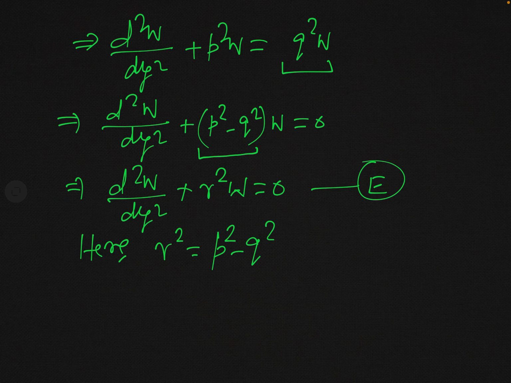As you can see, both of these equations are equations of simple harmonic motion or simple harmonic vibration, and so definitely their solution will be oscillatory. When you say that the solution is oscillatory, it means you can write the solution as a combination of the sine function and the cosine function. So now you can directly write their solutions.